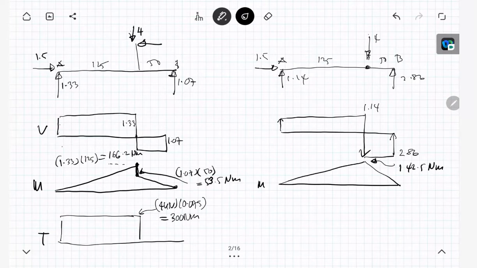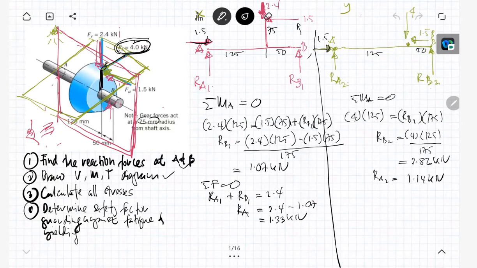So now you have identified that the critical point for the shaft is at the gears. So you see that here, this radial force causes the bending.